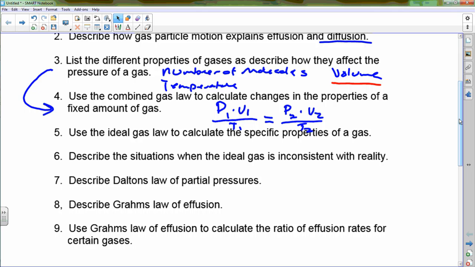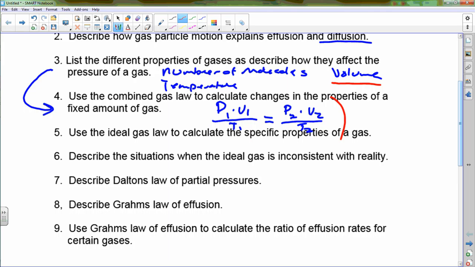And remember, we can use this for any problem that talks about a gas changing properties. So we have a sample of gas that is changing pressures, changing volumes, changing temperatures. But if something is changing, you're going to want to use the combined gas law. In some problems, maybe all 3 things are changing in some way.